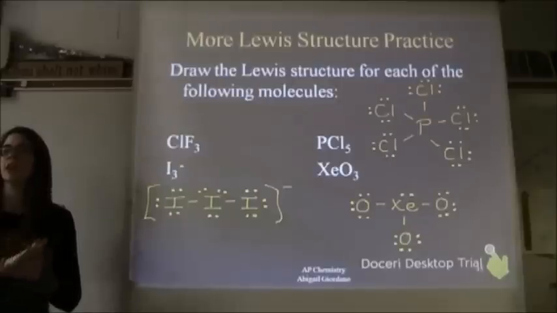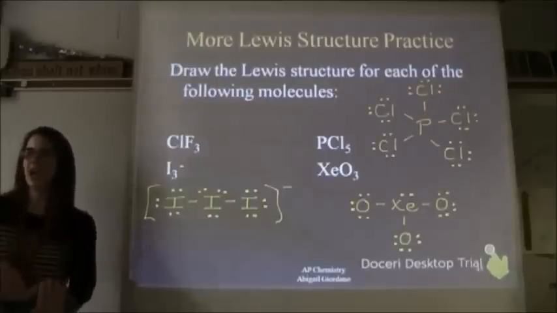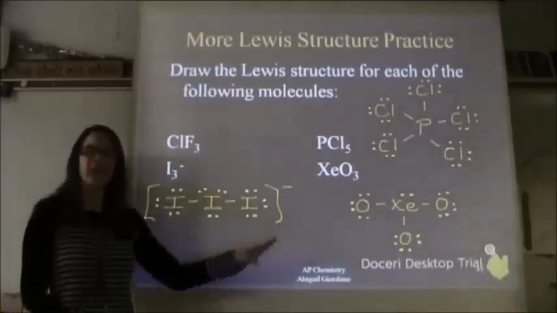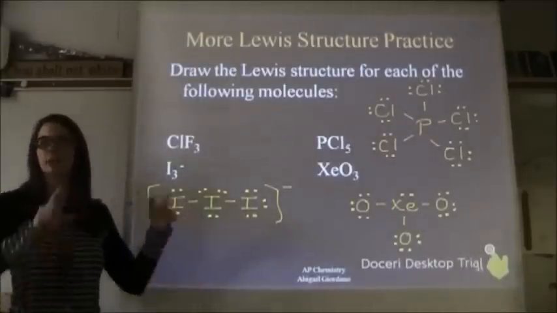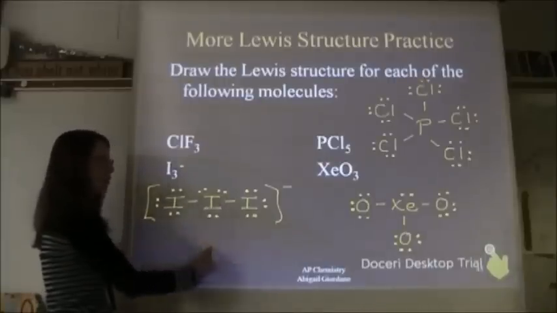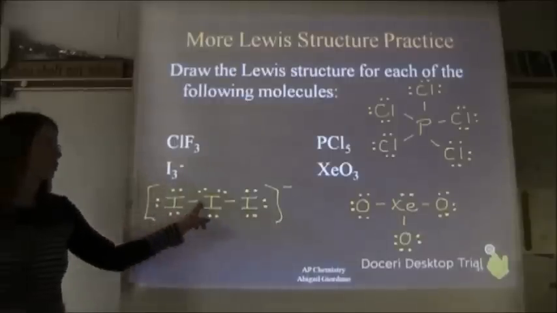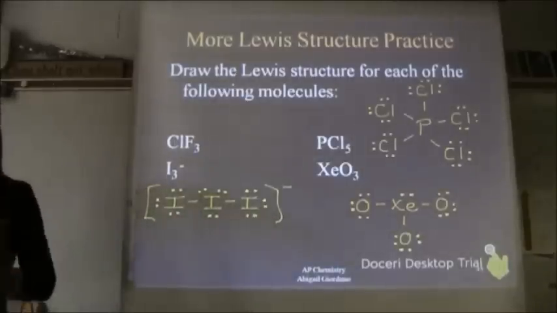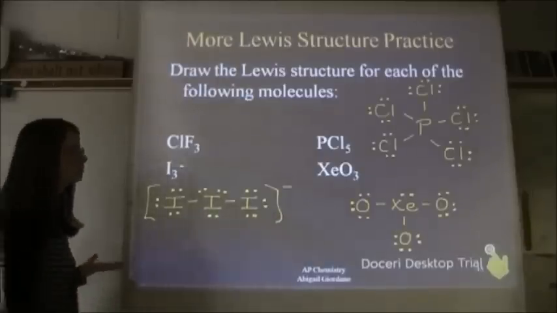Now, ladies and gentlemen, let me say one more time, as I said last class, that the shape in which you draw your Lewis structures doesn't matter. I saw multiple people draw this one in an L shape. That's totally fine. It doesn't have to be drawn straight. As long as there are the right number of lines and dots in the appropriate place, you're good to go.